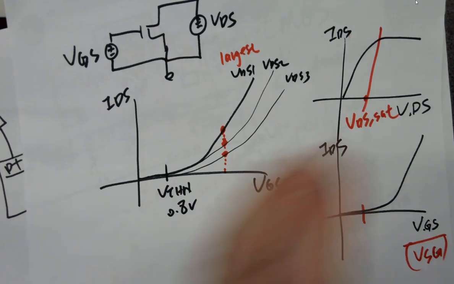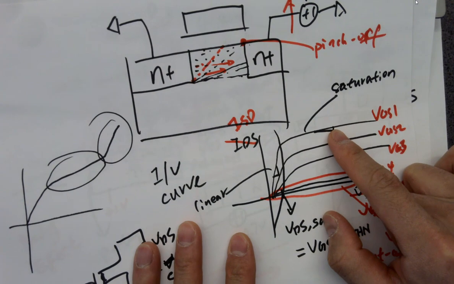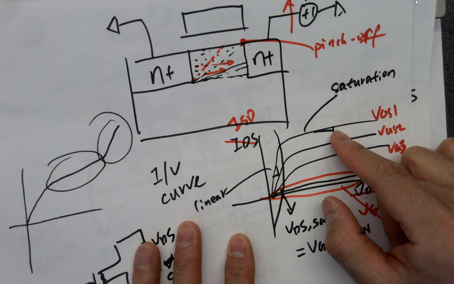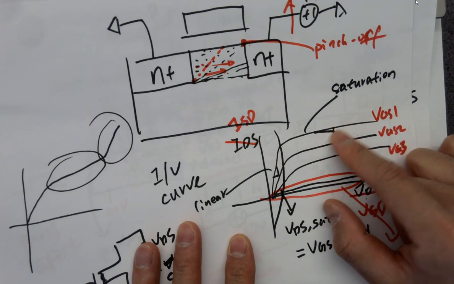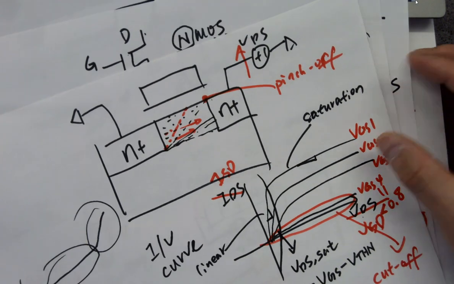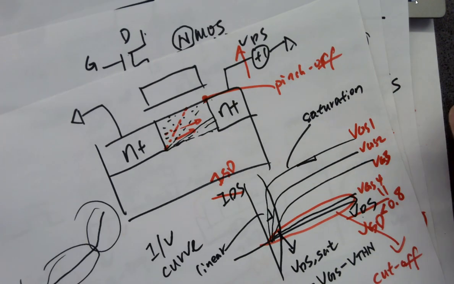And for resistance, I explained to you guys already. Which region has a higher resistance? Saturation region. Why? Because of the slope. Here you can see. Any questions on this? No?